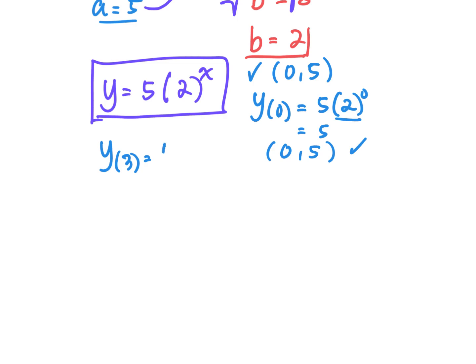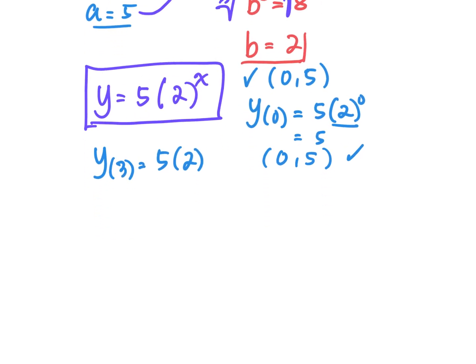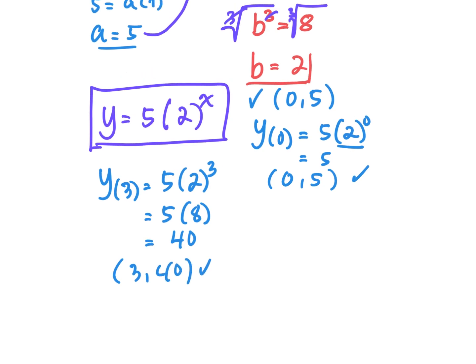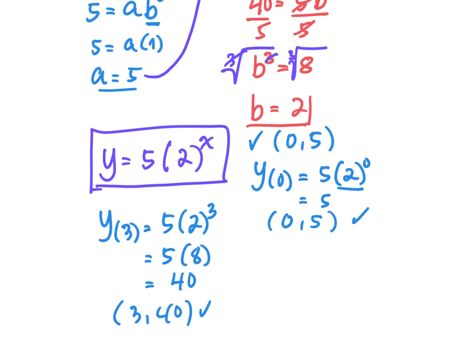That's going to give you 5 times 2 raised to 3. So 5 times 2 cubed, which is 8, and 5 times 8 is 40. The ordered pair 3, 40 is correct. Therefore, your function in here is also correct.